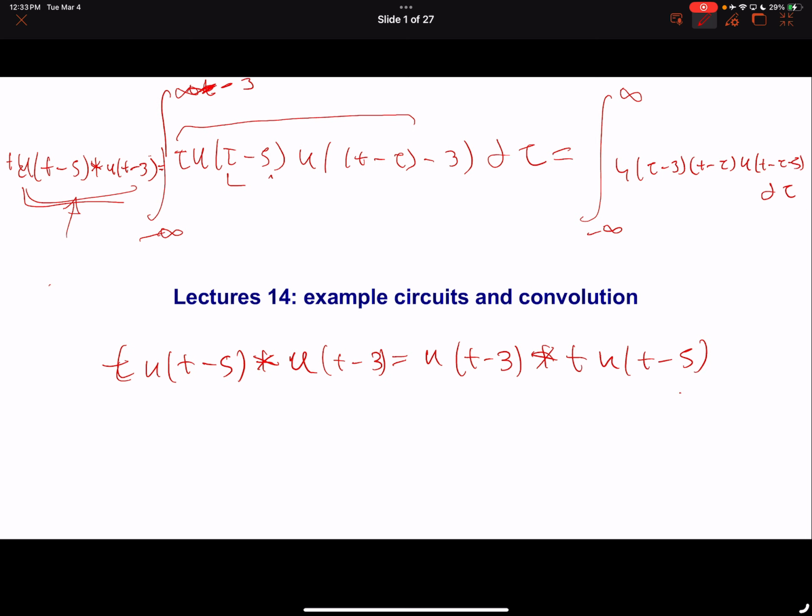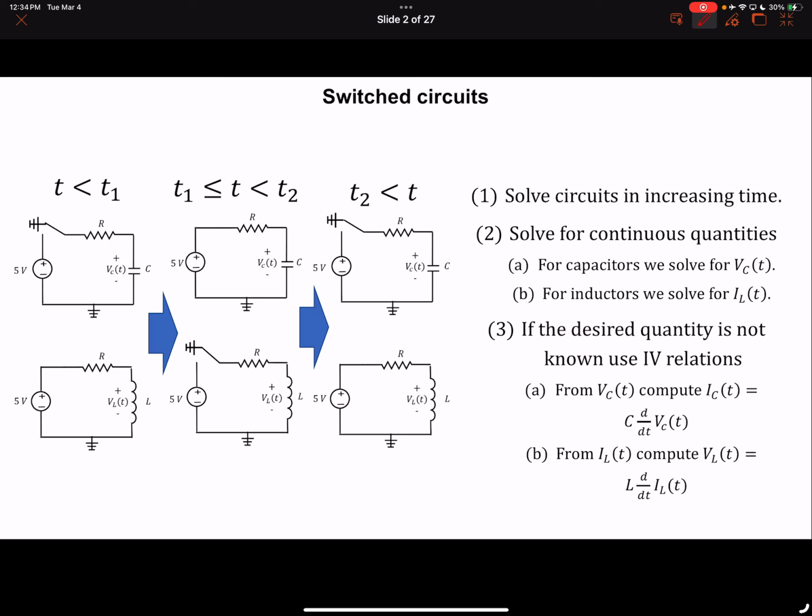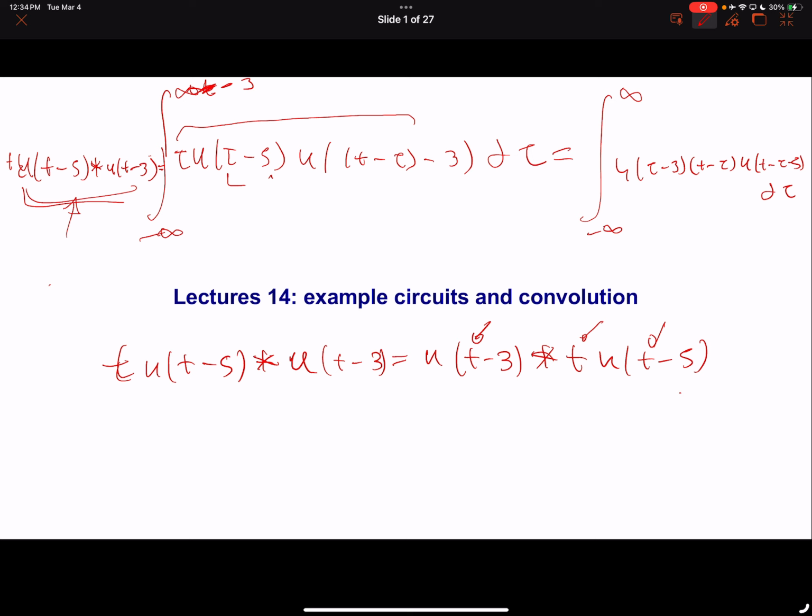So it doesn't really matter whether you replace this one with t minus tau or you replace this one with t minus tau. You just have to pick one for tau and one for t minus tau. It doesn't really matter which one. Questions? Other questions? Okay, so let's get started with lecture since there are no other questions.